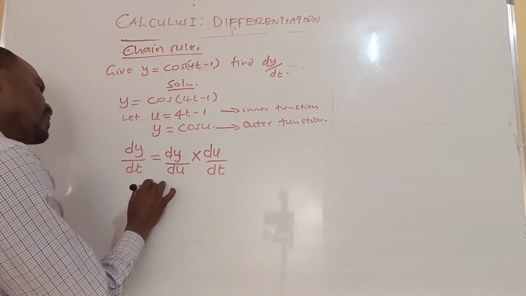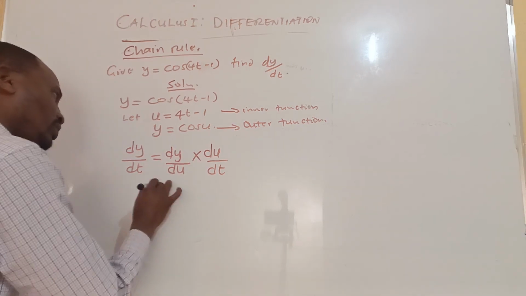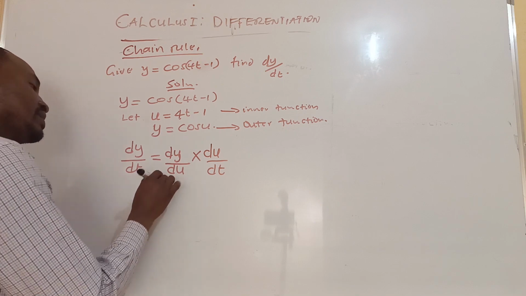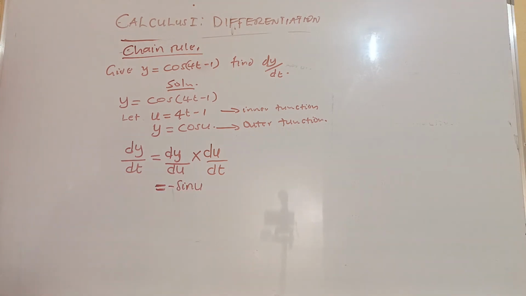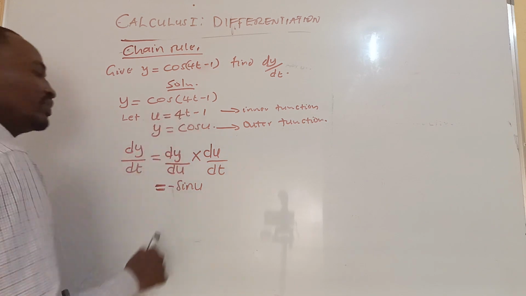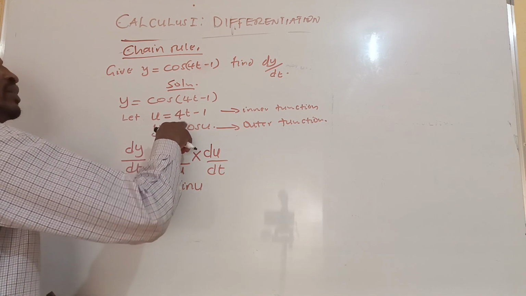What are now those derivatives? If you differentiate y with respect to u, you get not cosine of u, but negative sine of u. If we differentiate u with respect to t, or du dt, you get 4.